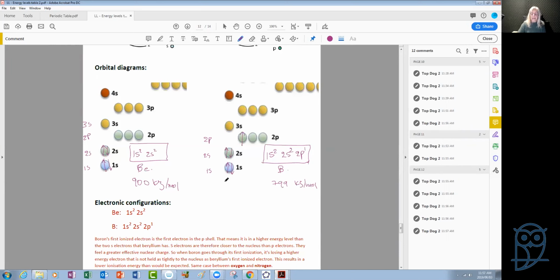And now that we have the electron configuration, we can use either this notation or this notation, which is perhaps easier, the one that shows the orbitals. We see that the boron has its last electron, although it's also in the second energy level, in a higher energy level.